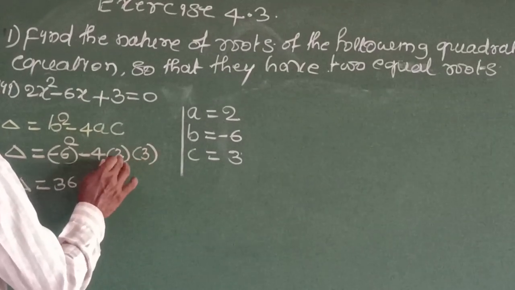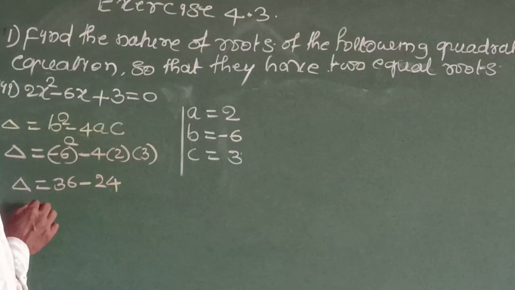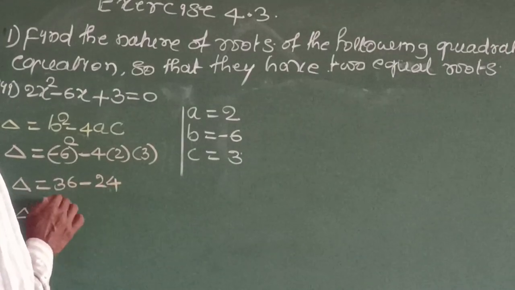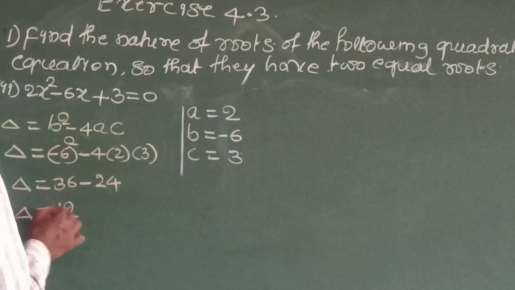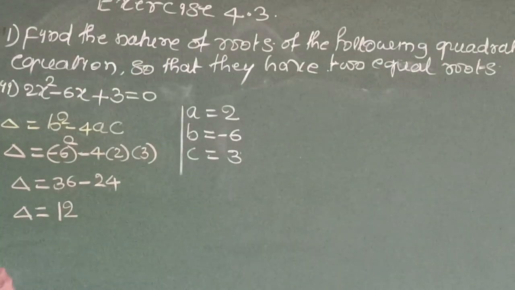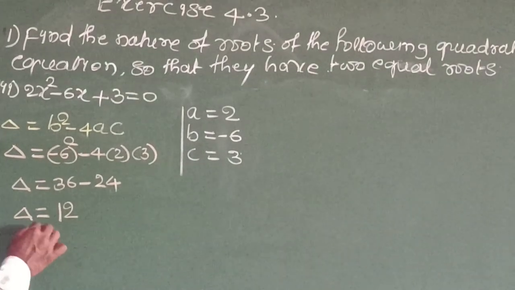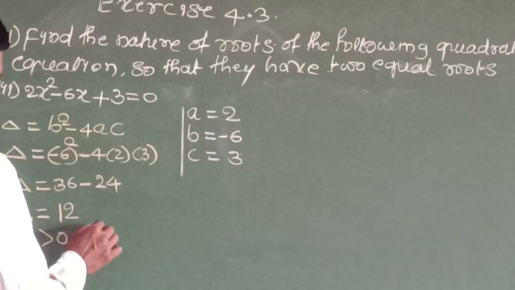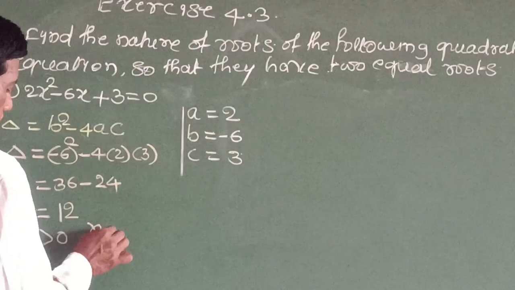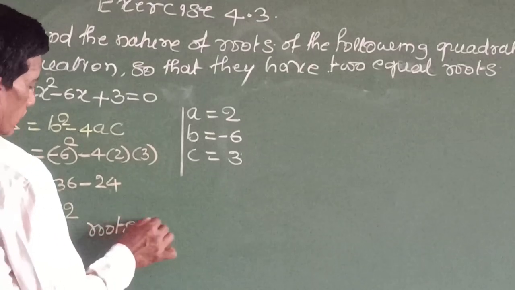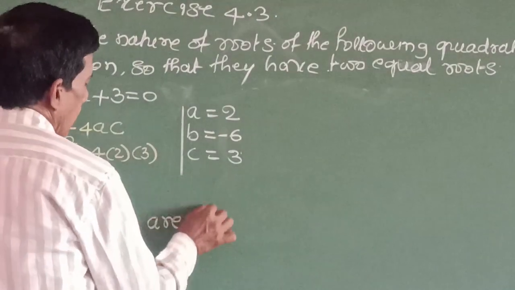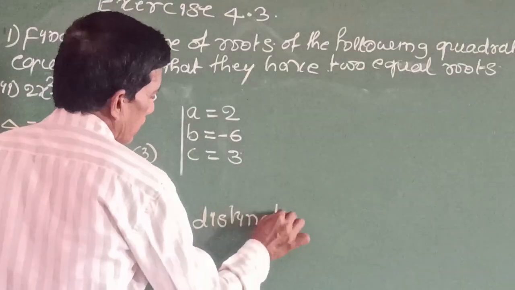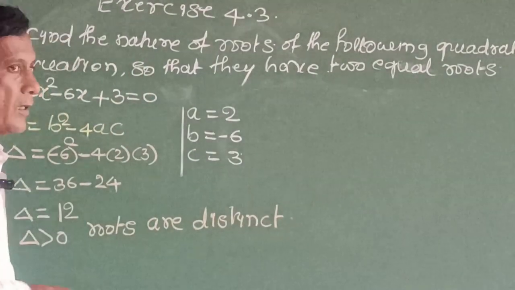So delta equal to 36 minus 24, which is 12. 12 is greater than 0. Delta greater than 0, so the roots are distinct. Roots are distinct.